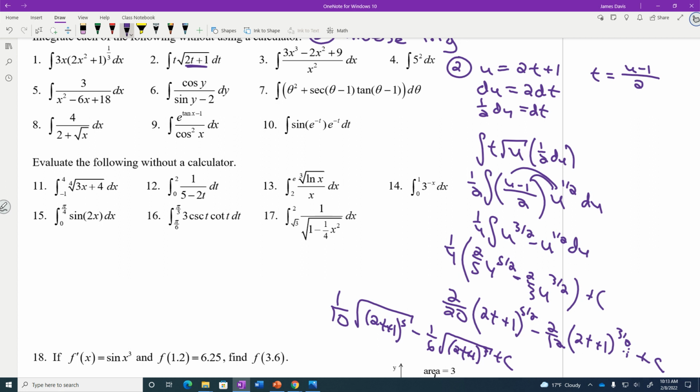Number 3, I'm just going to have you do that one on your own. Skip it for now. Because what are you going to do for number 3? No, you don't have to do that. Just break it up. Yeah, you can just break it into different parts. So you just make it 3x cubed over x squared, so it just becomes 3x minus 2 plus 9x.